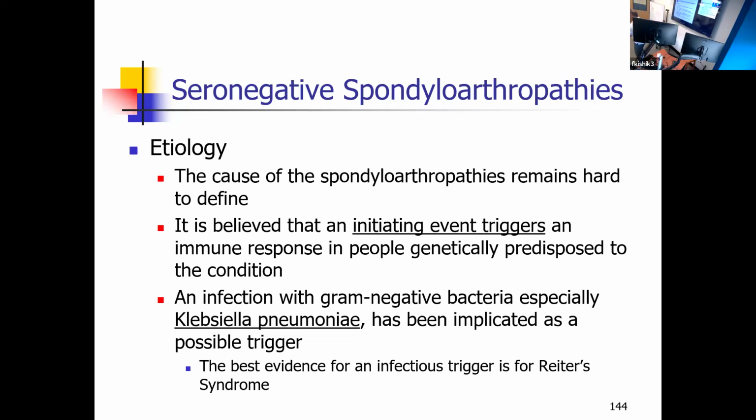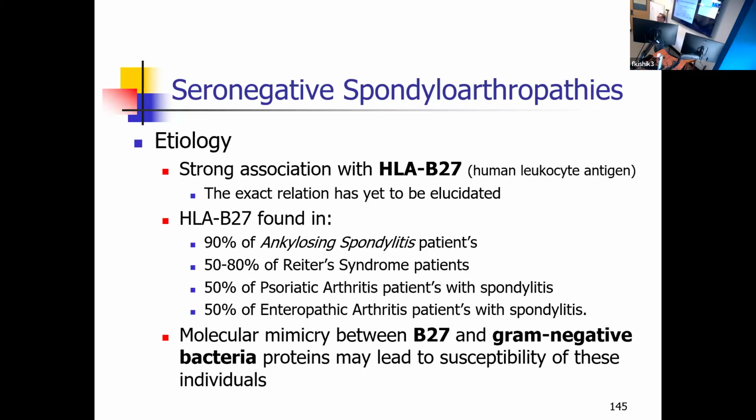Initial triggers are there, but for ankylosing spondylitis, Klebsiella pneumoniae, which is the reactive arthritis or Reiter's syndrome, that one has a bacterial agent, and it's proven that this bacteria is the one that triggers off everything. All the other ones really don't know what's causing them, but there is definitely a genetic predisposition.